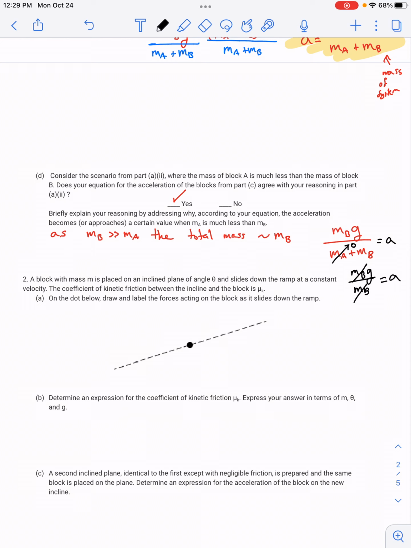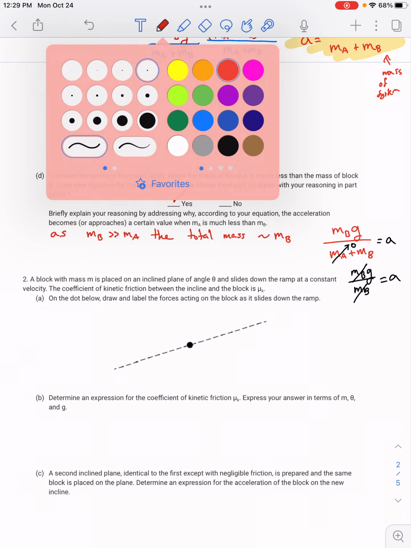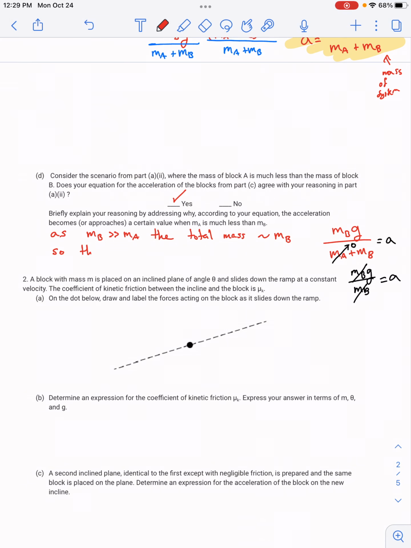The masses cancel out, and so a just becomes g. Total mass becomes mB, and so the acceleration is basically g. And I would include either the equation there, or a clearer explanation of the math that I showed you there. Okay.